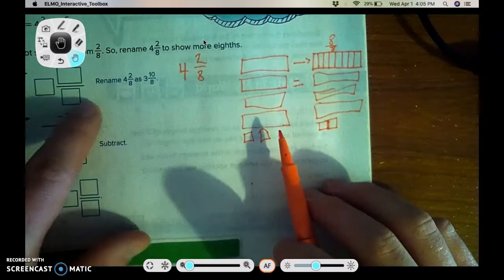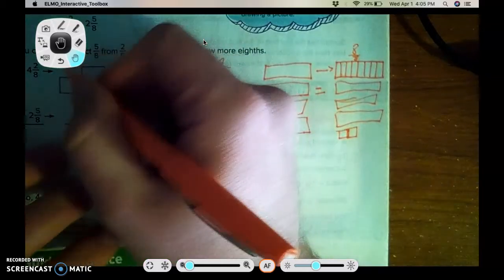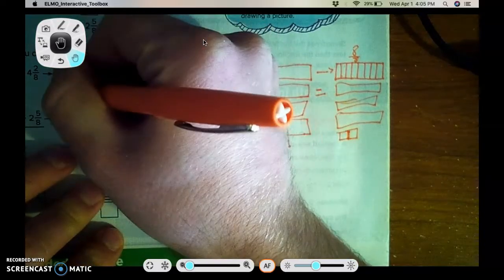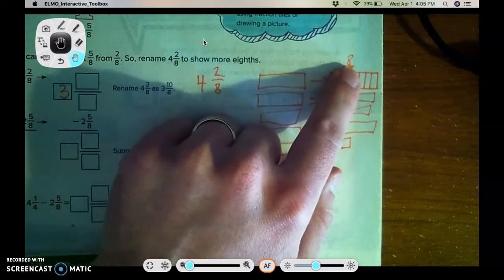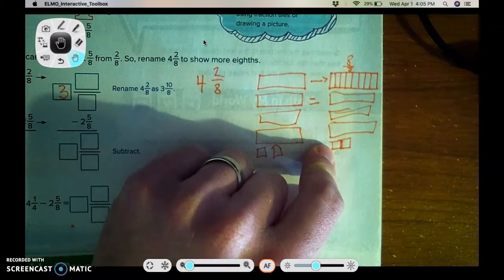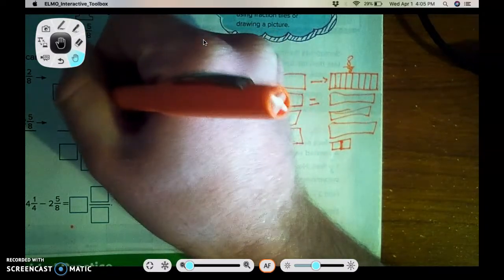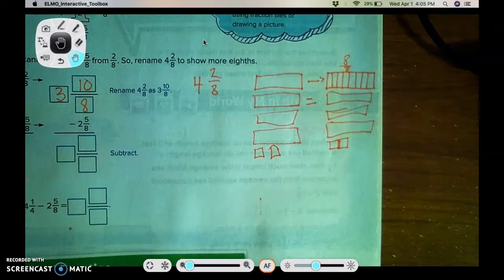So what they did was to rename it so we have 3 whole numbers. And then we have these 8 eighth pieces. So we have 8 of those plus 2 more of those. So we now have a total of 10 eighth pieces.